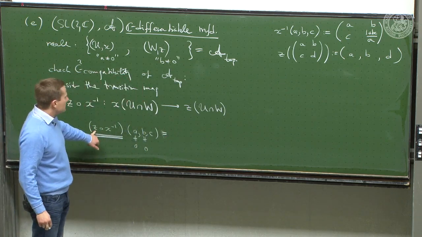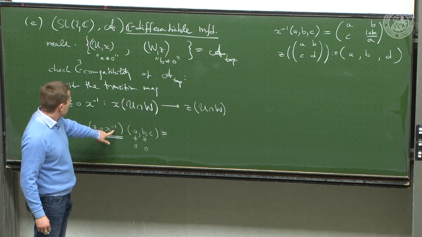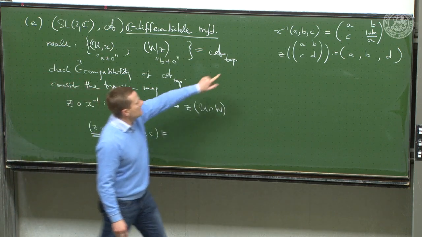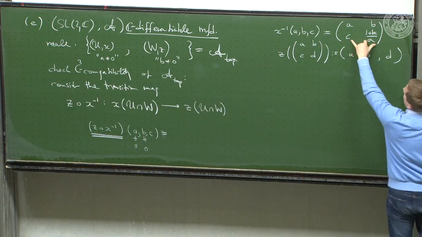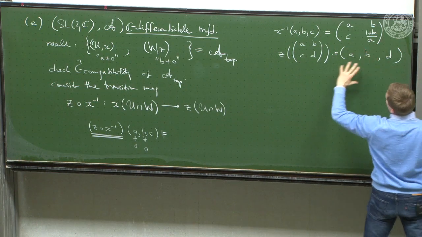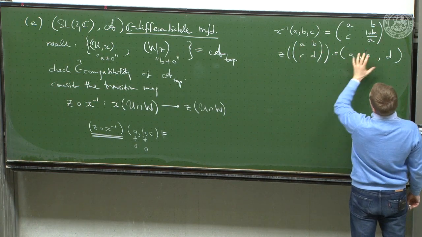So we take the Z after we made out of the ABC this point, and plug it in here and follow this rule.